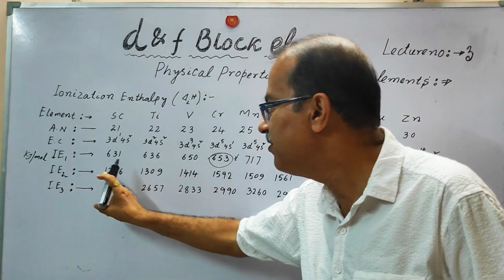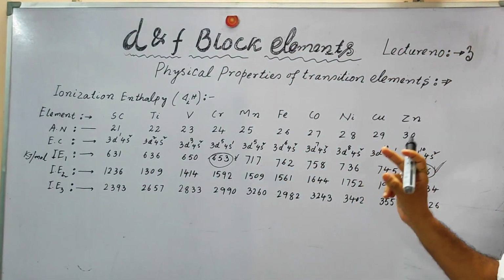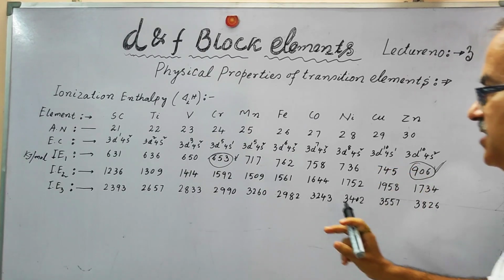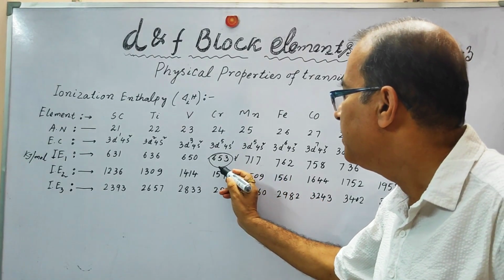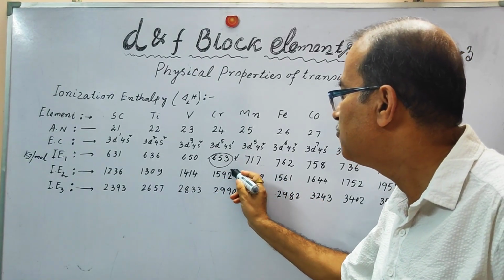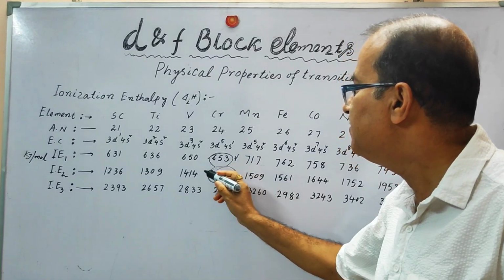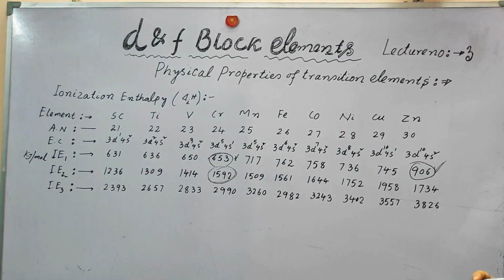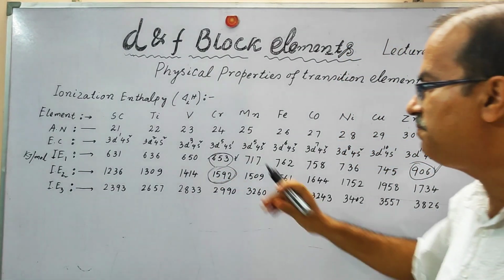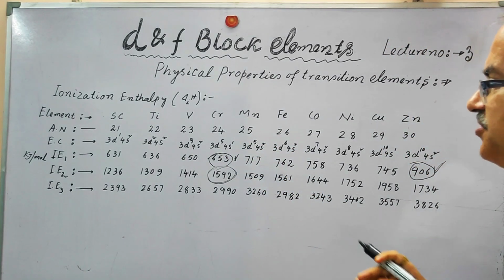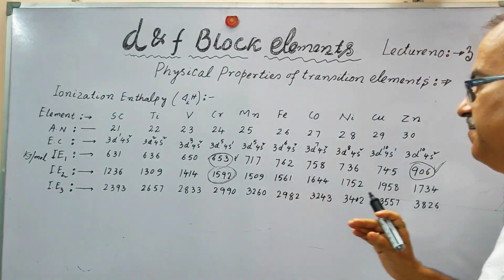This is the second ionization enthalpy, and you will find that chromium has a very high second ionization enthalpy. If we compare with the first ionization enthalpy, it is very high.